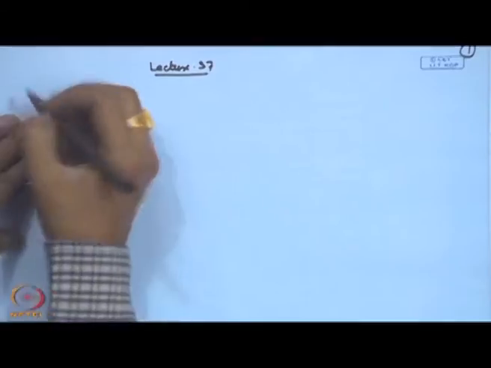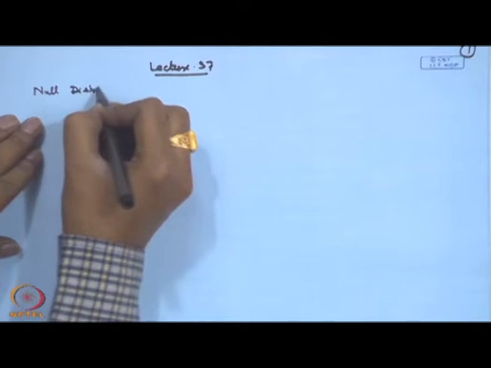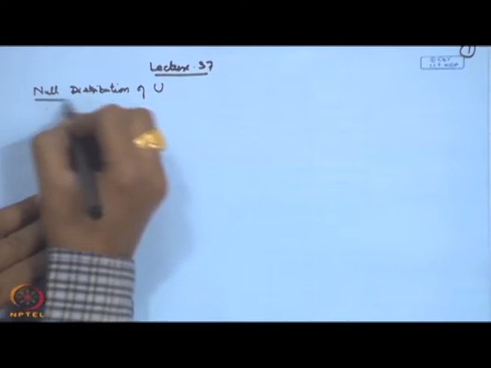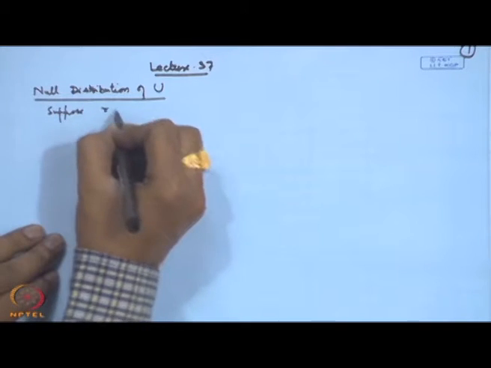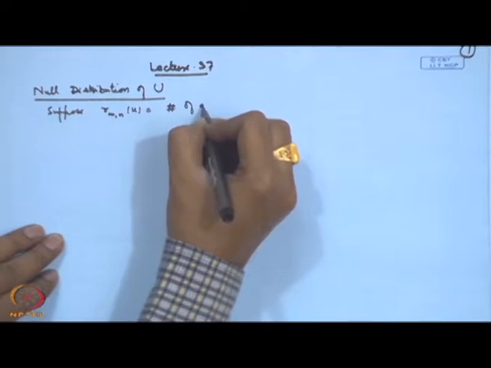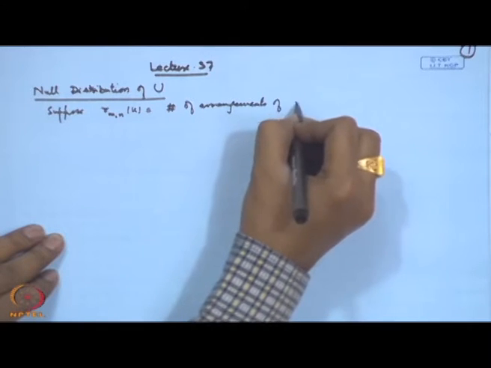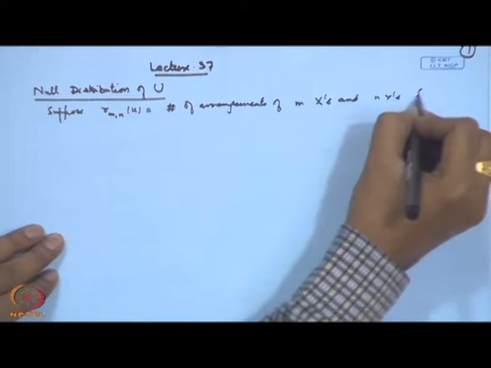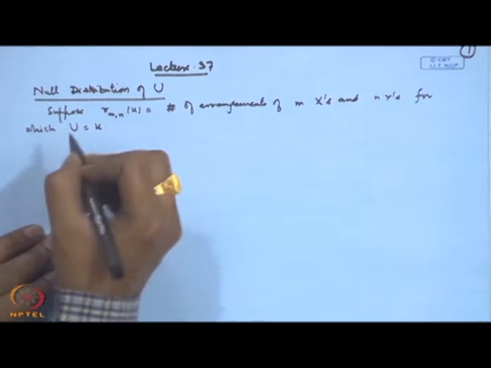So, we start with the null distribution of U. Suppose R m n (u) is equal to the number of arrangements of m x's and n y's for which U is equal to u.